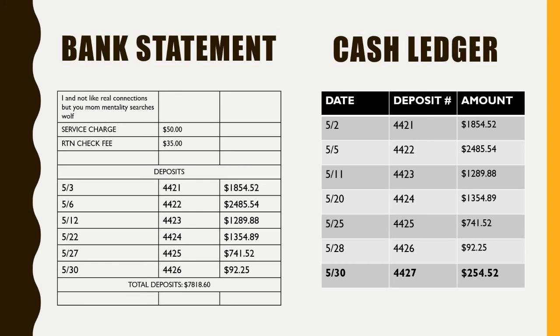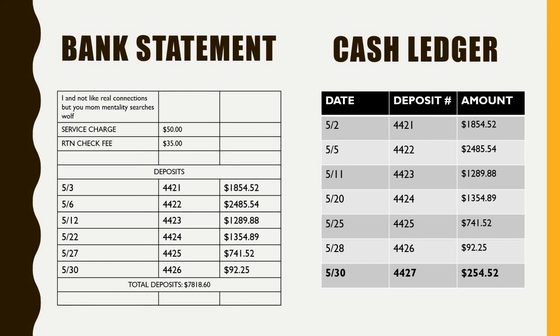Okay, so in this case, my first way should be by looking at the last date that I deposited. I deposited on May 30th for a total of $254.52. Now let's look at my bank statement. The last deposit cleared on May 30th, but it was for $92.25. So automatically right there, you can look at your deposit slip numbers because that can also help you.